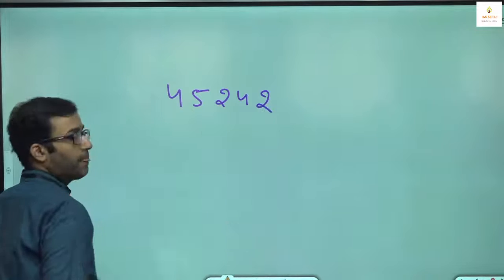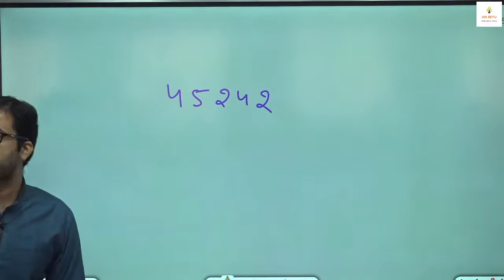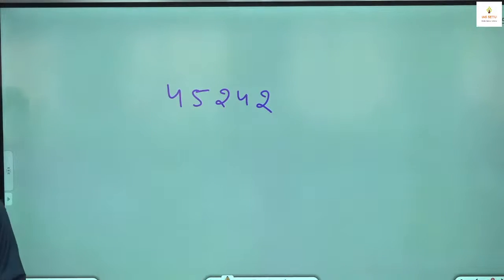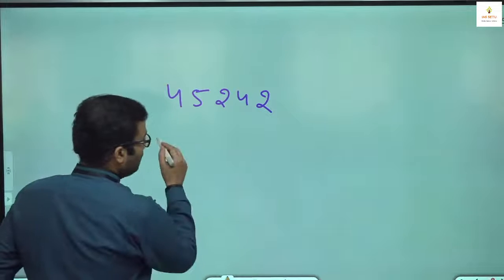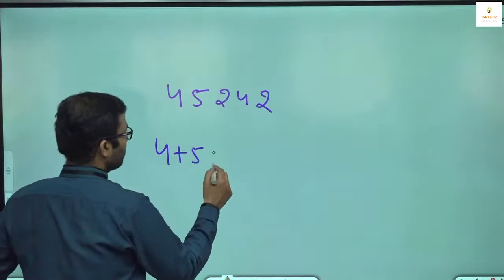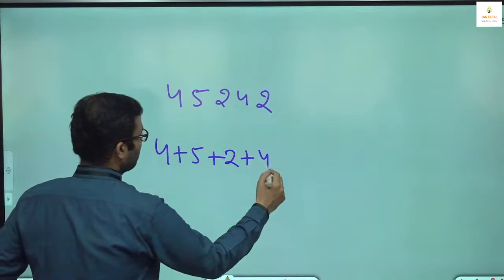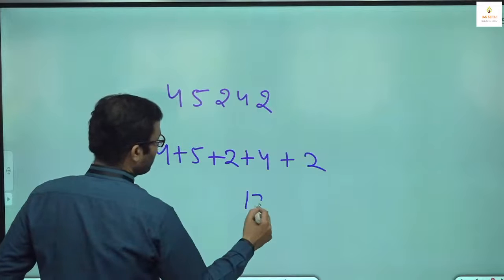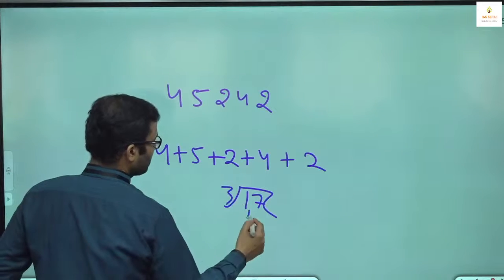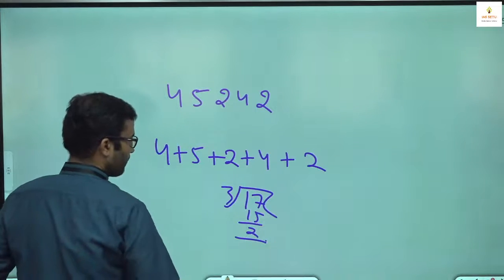Now 45,242. Check if it is divisible by 3, yes or no. If no, then what is the remainder? This is 4 plus 5, 9, 11, 15, 17. 17 divided by 3, your remainder is 2.